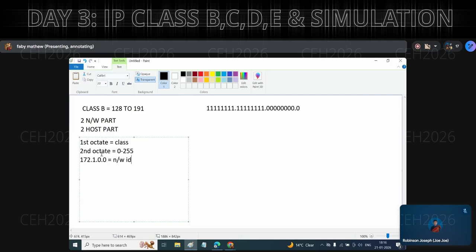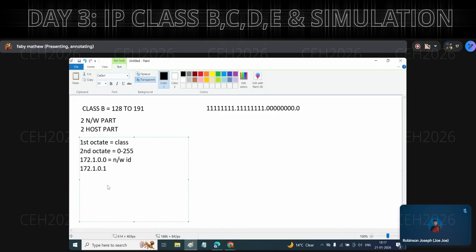Because in the host part, both host octets are off bits. These values are 0 over there, and we have not increased any bit over here. So any address whose host part is off is known as the network ID. If I configure this value in my machine, it will not configure.